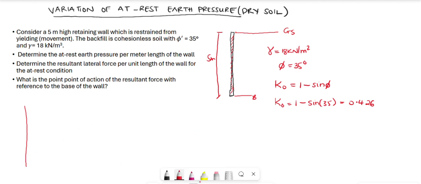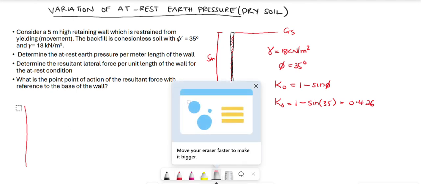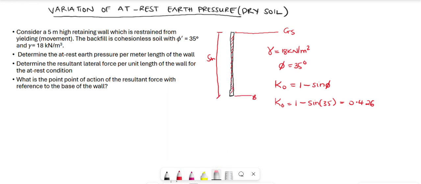Now let me put my diagram here and draw the variation. I think this is not nice. Let me erase. Let me draw my variation here. So let's say this is my retaining wall. This will be at depth 0. This is at depth 5, right?